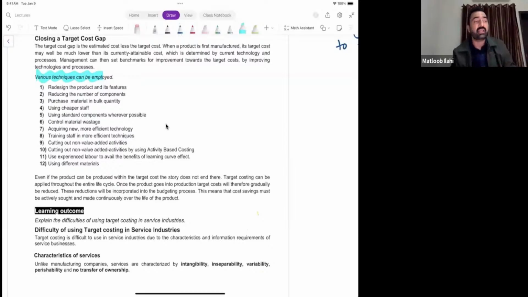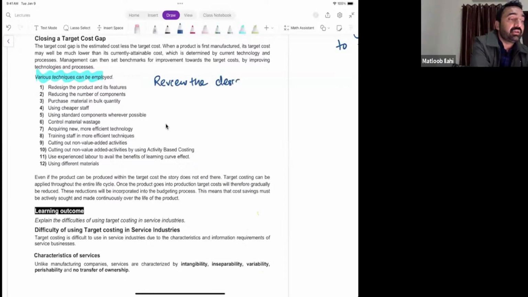So if you are making a backpack, how can you reduce the cost of the backpack? You can review the design of your new product, that is the backpack.